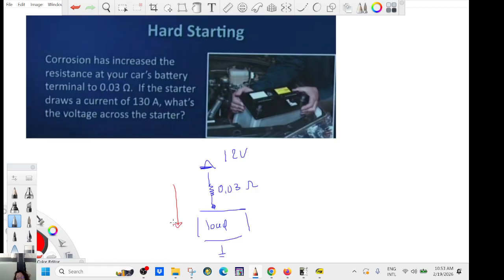And you have the current flowing from uphill to downhill. And you have a voltage drop of 3.9 volt, right? And how much is left? 8.1, right? So that will be the terminal.